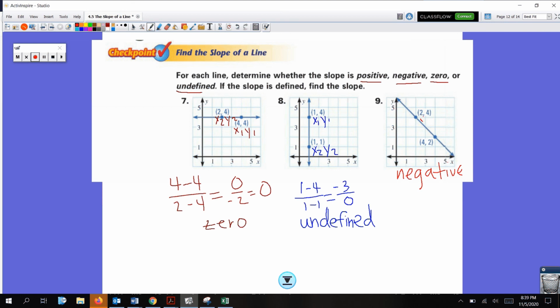Here's my x1, y1, and my x2, y2. So I have 2 minus 4 over 4 minus 2. 2 minus 4 is negative 2. 4 minus 2 is 2. Negative 2 divided by 2 is negative 1. So this has a slope of negative 1. It is a negative slope.